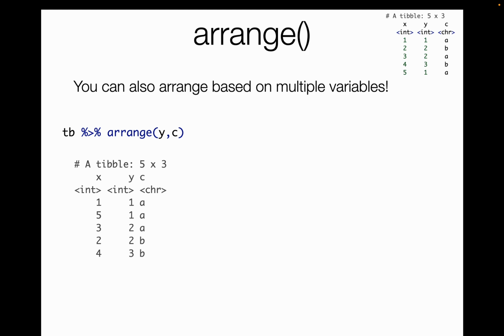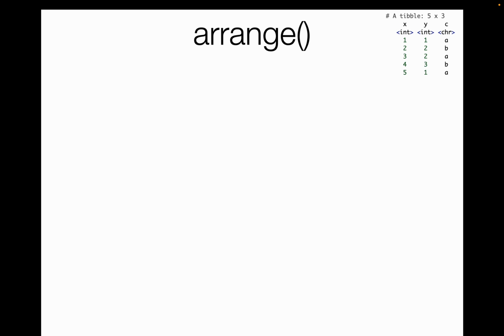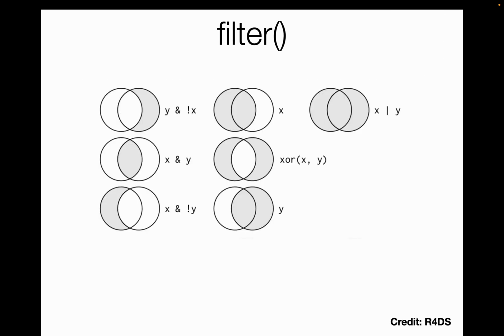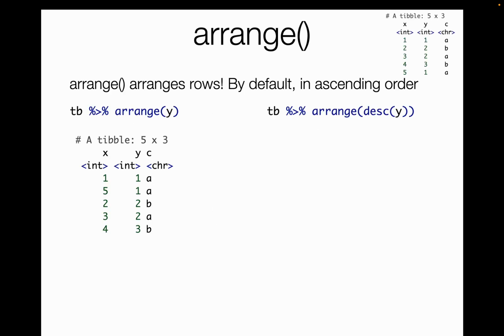It doesn't really make a big difference for what we saw here. Sorry, if we go back and you look at this new data set on the left right now, it goes 1, 1, 5, 1, 2, 2, 3, 2.